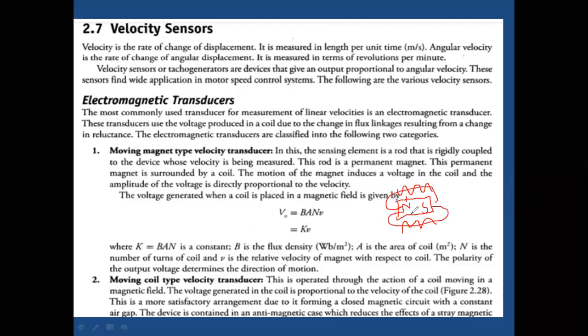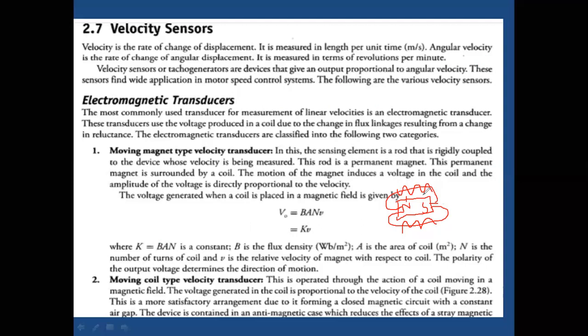Whenever we give the displacement to the permanent magnet, there will be a chance of EMF being induced in the coil. Why? Because whenever a current carrying conductor cuts the magnetic flux, there will be an electromagnetic force induced within the material.